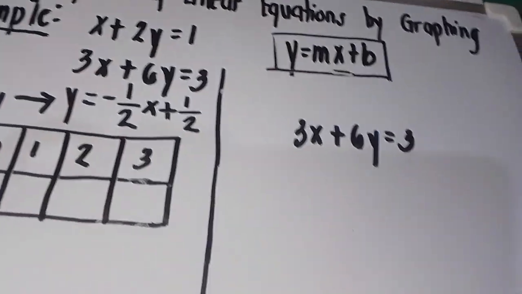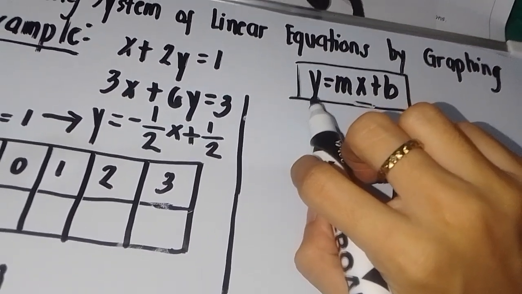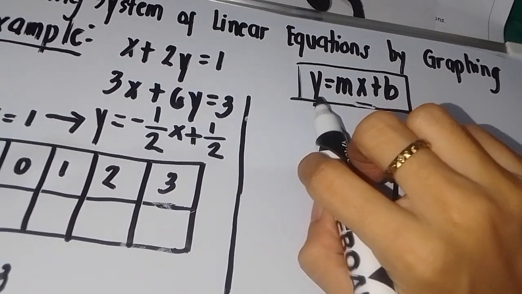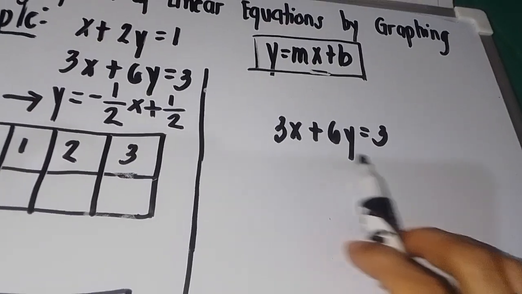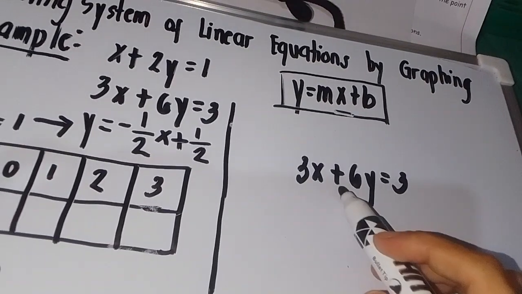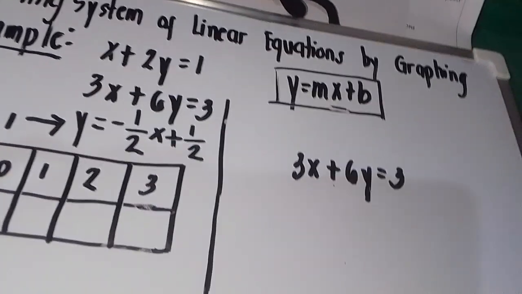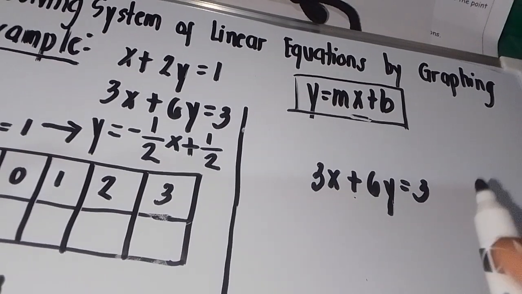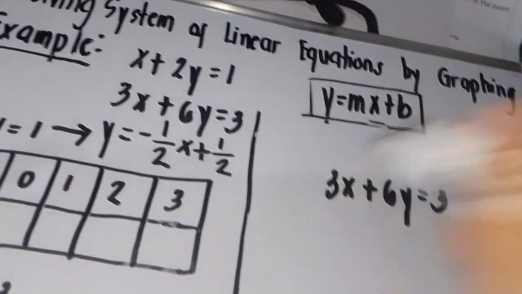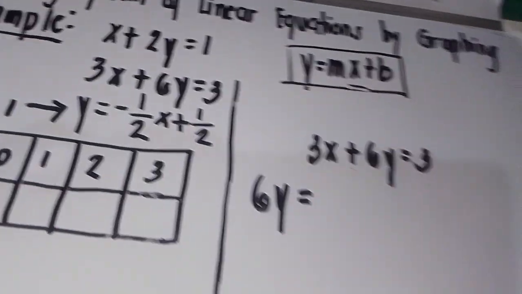Again, first we write the term with variable y on the left side. In this second linear equation, the term with variable y is positive 6y. Since 6y is already on the left side, we just copy it including the sign. So, positive 6y equals, done.